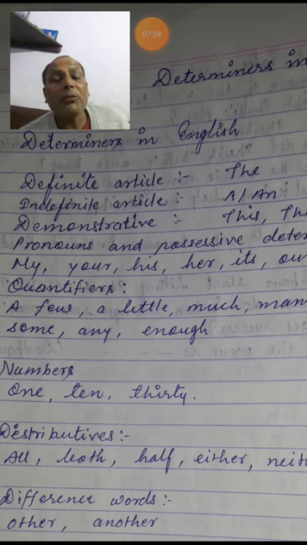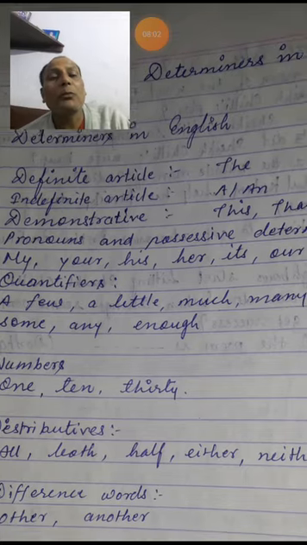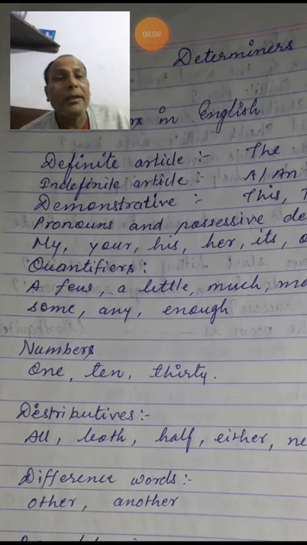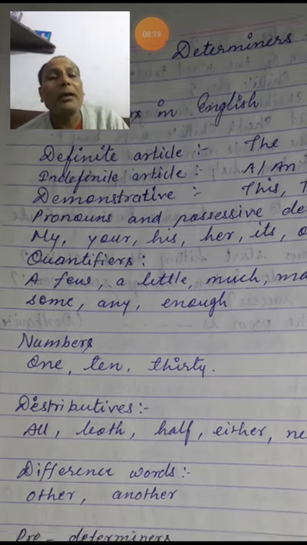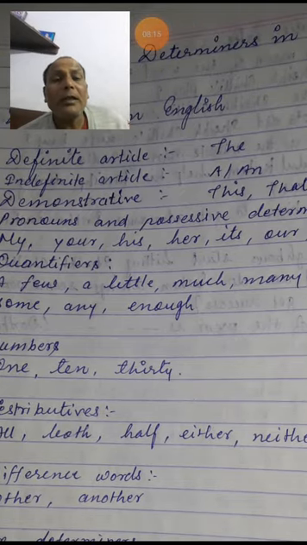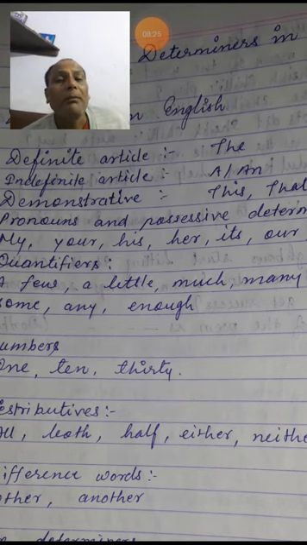And next are pronouns and possessives. For possessives we use my, your, his, its, our, their, and you can also say ourselves, yourself, myself, herself, himself. These are called possessive pronouns or possessive determiners.